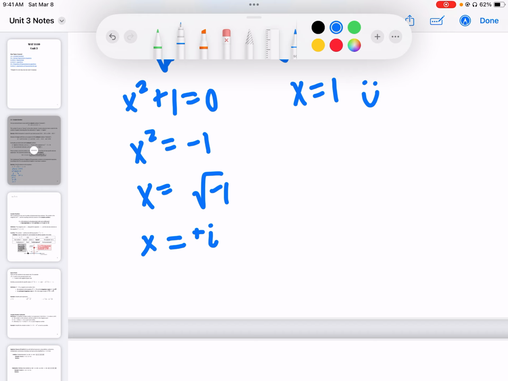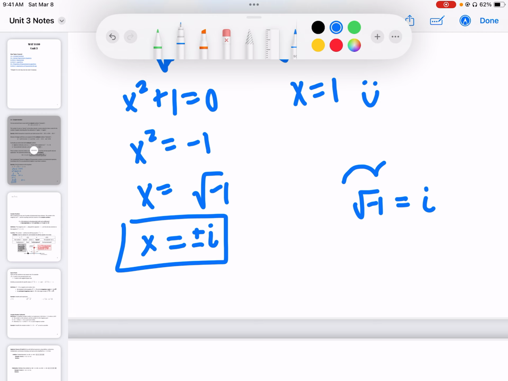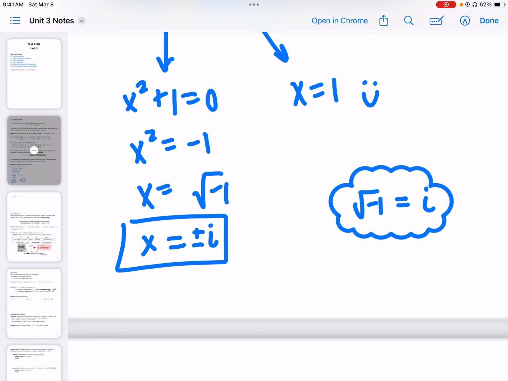Always remember there are two solutions to a root, so it's really plus minus i. And so that's what actually happens when you have a negative root. We're going to talk about that in detail today, but I want you to start thinking about that.